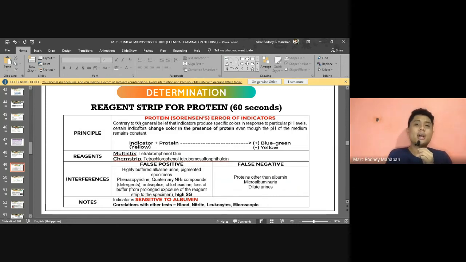All right, now take note: the presence of a trace of protein in dilute urine is more significant compared to the presence of protein in a concentrated specimen.